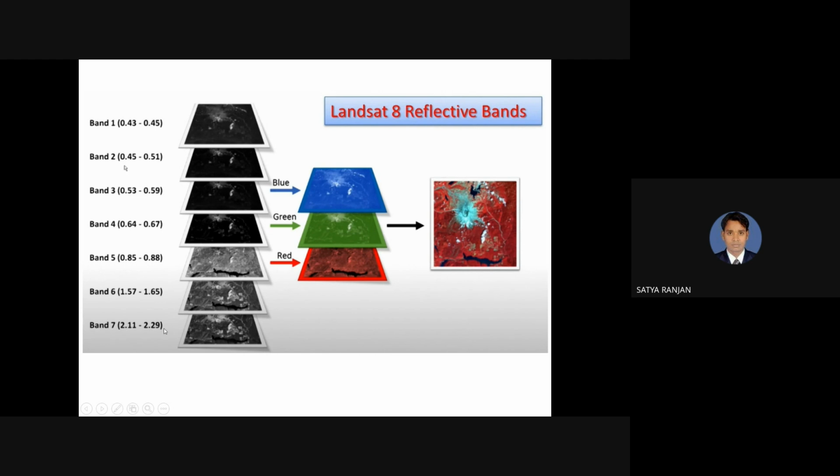There are 7 bands which are useful for different applications. As per our applications and our different work, we can join all these bands like the blue and green bands, then composite this image, and we get the output.